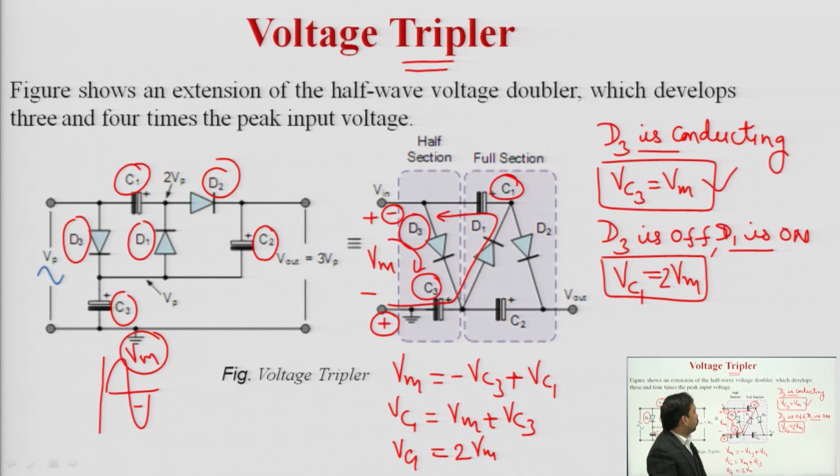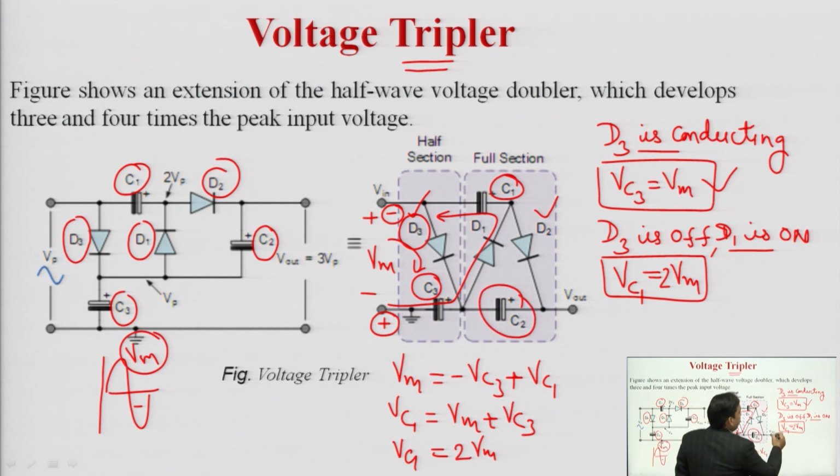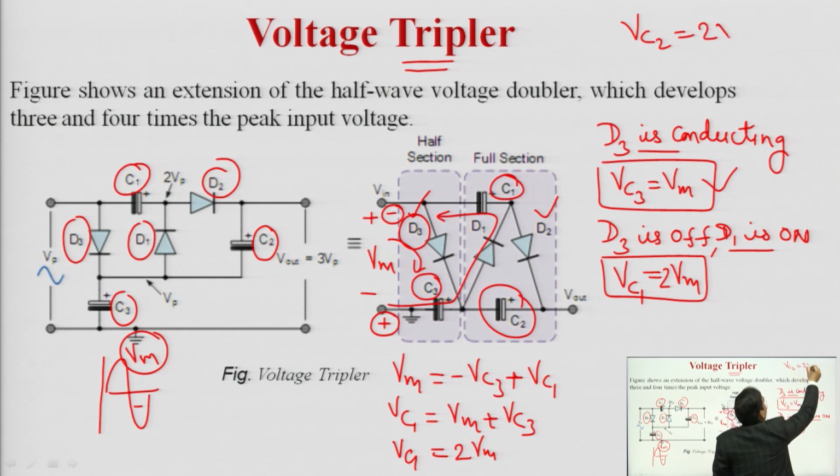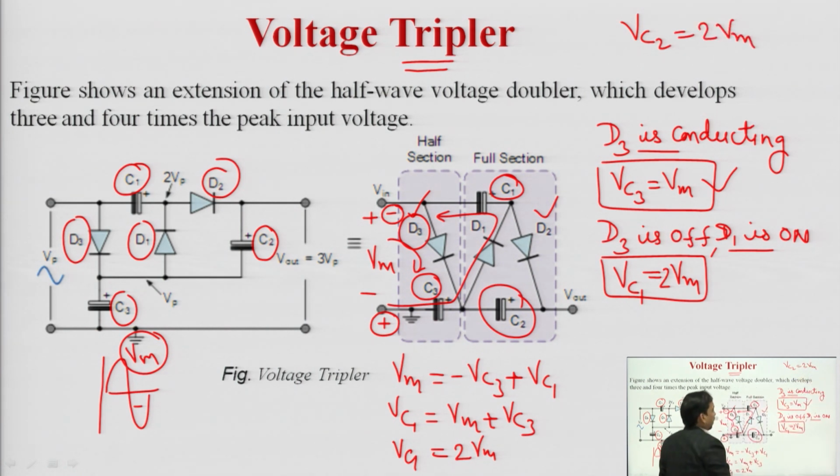Now, during the positive half, D3 is on and D2 is on, and capacitor C2 will be charged, and we have the voltage Vc2 equals 2 times Vm, because capacitor C1 will charge capacitor C2 through this loop.